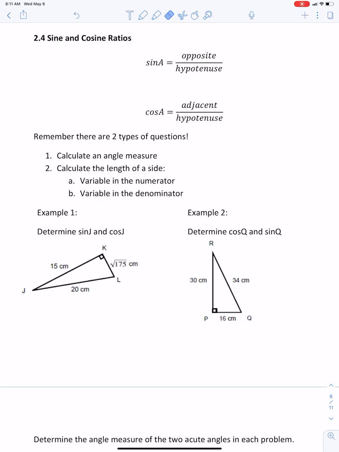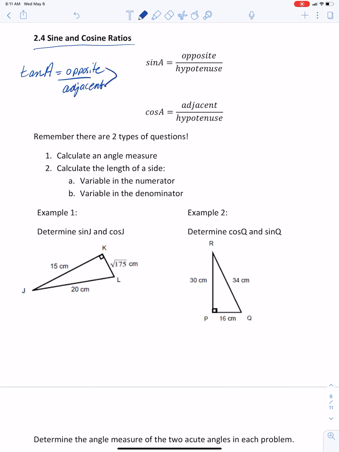Okay, so next we're looking at how do I use the sine and cosine ratios. So remember from before that we could use tangent of the angle to find the opposite side length or the adjacent side length.